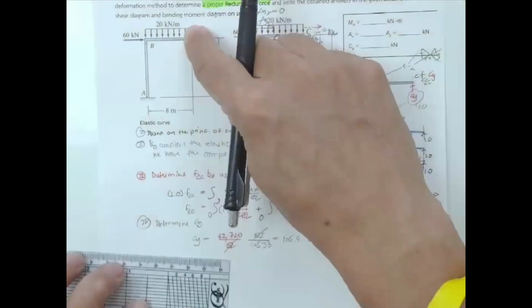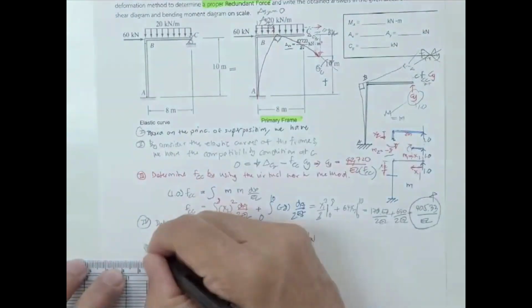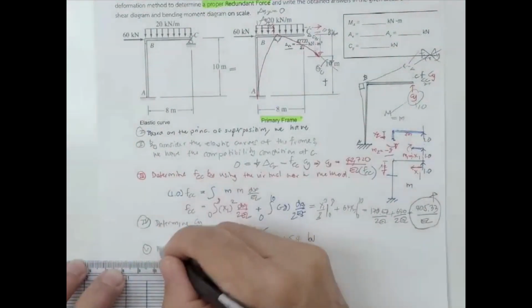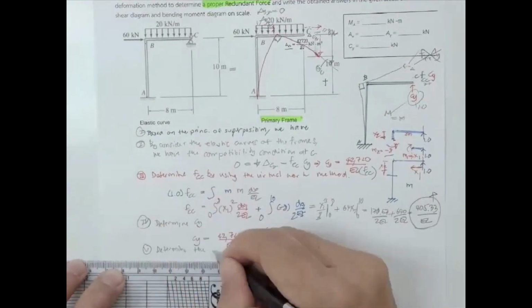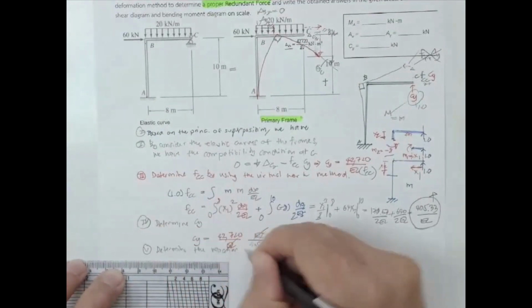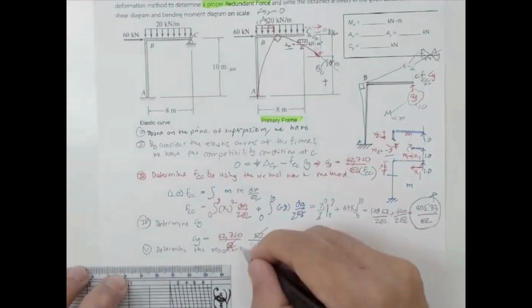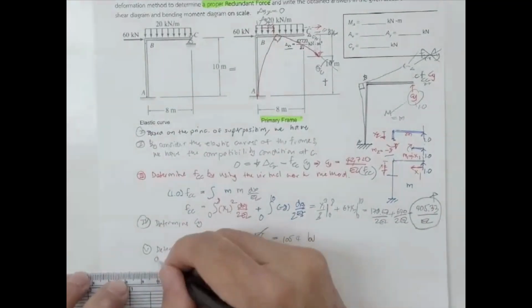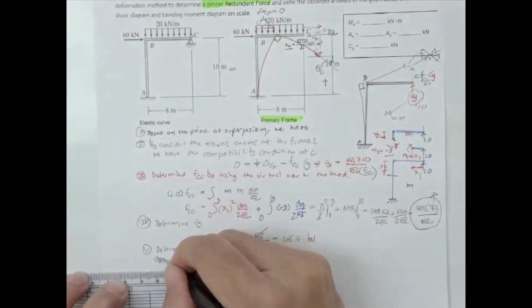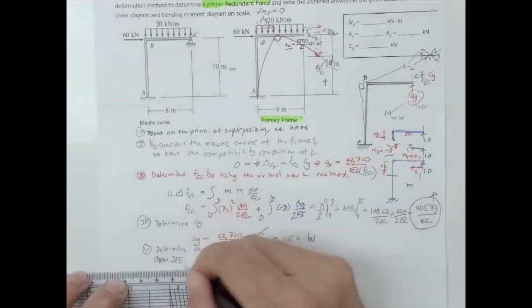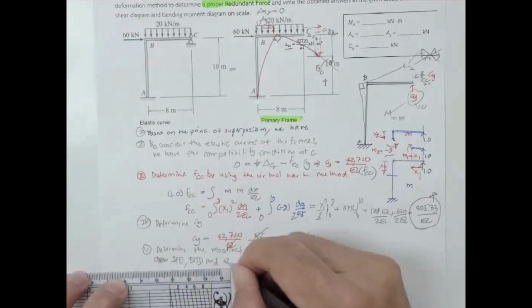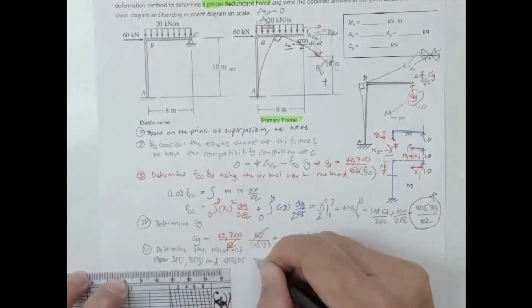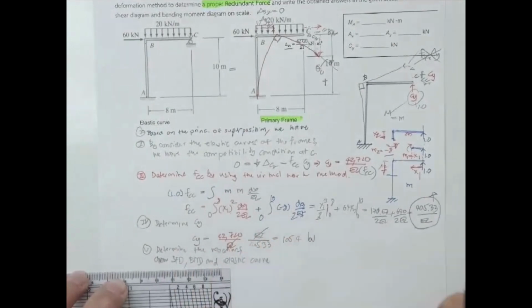So the next step, you determine the reactions and the shear diagram, those kinds of things: the shear force diagram, bending moment diagram, and elastic curve.